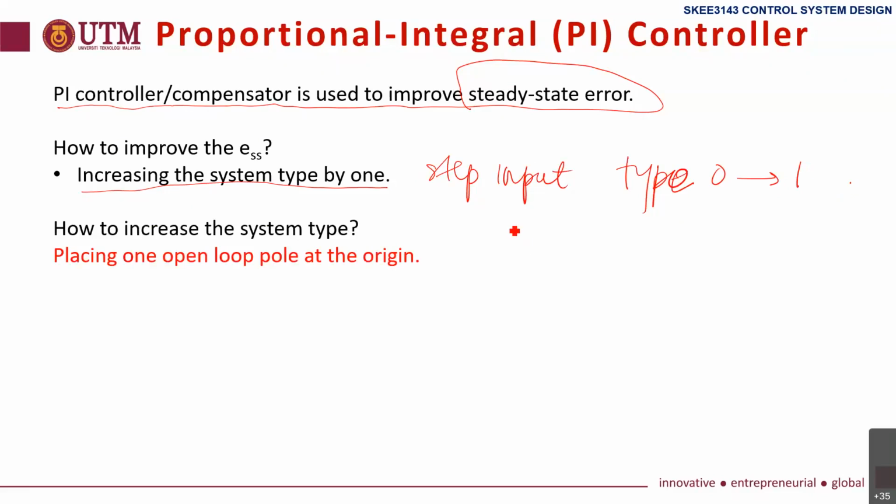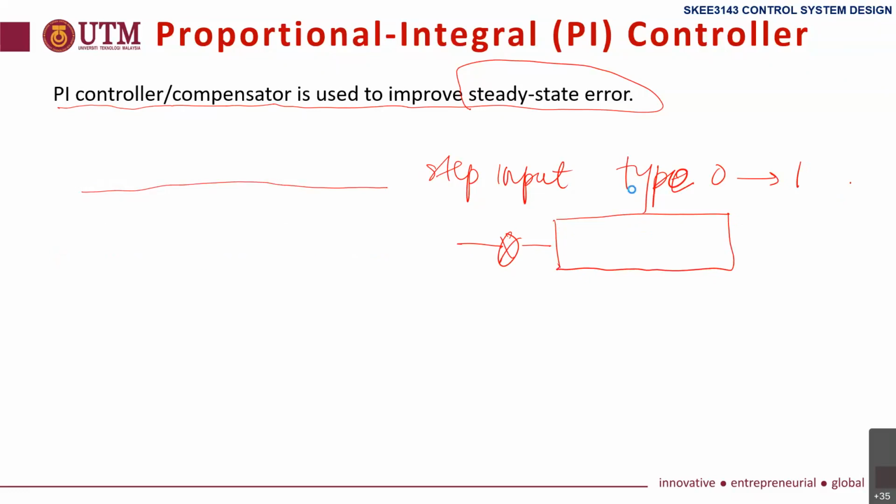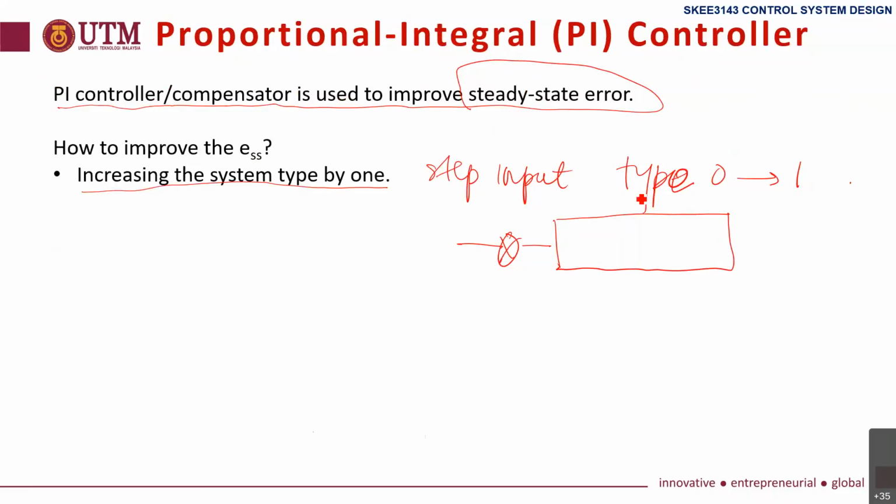Let's say I have initially a system like this. Just now we have 2 over s plus 2, s plus 3. Okay, this is our original system.